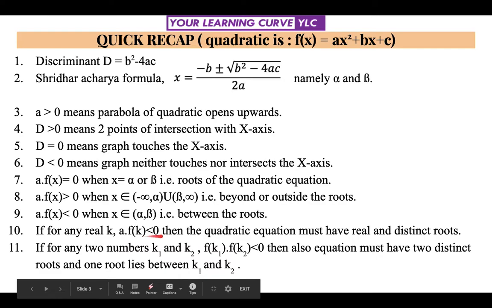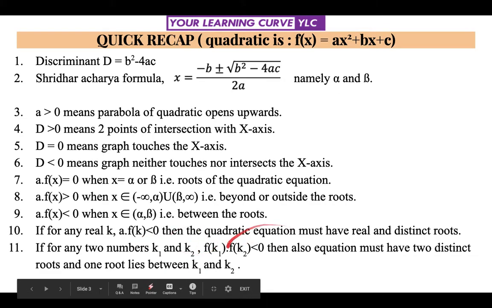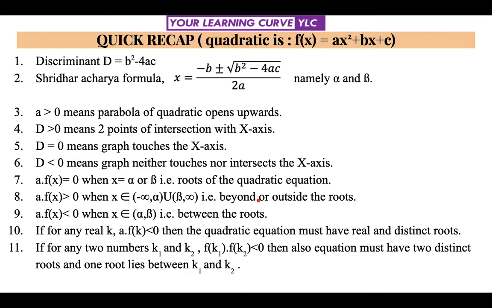And if for any two numbers k1 and k2, f of k1 into f of k2, that is the values of the function at these 2 points, are of opposite signs, that is their product is negative, then also the equation has two distinct roots and one root must lie between k1 and k2.